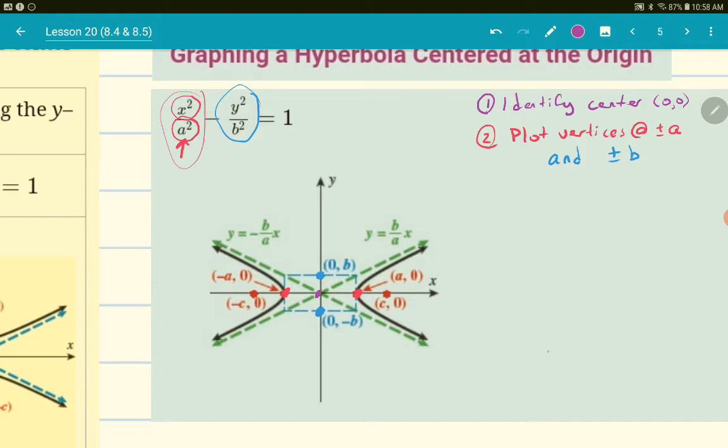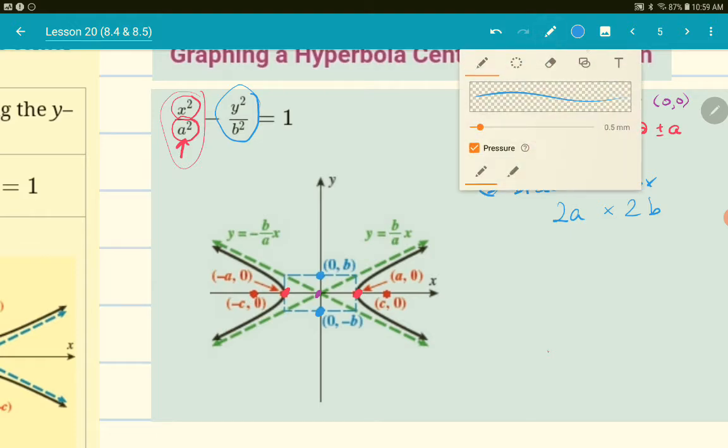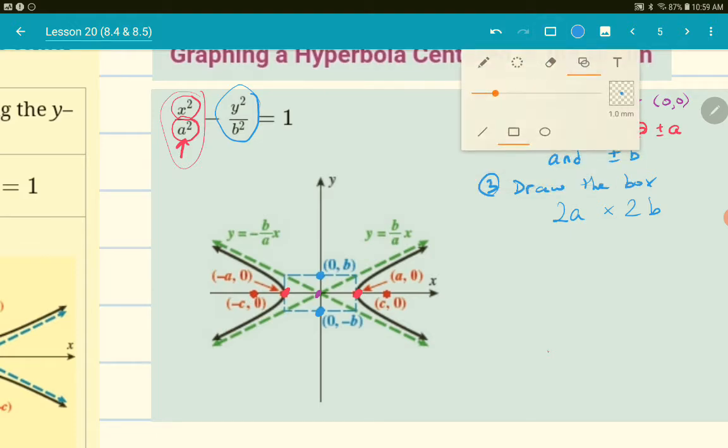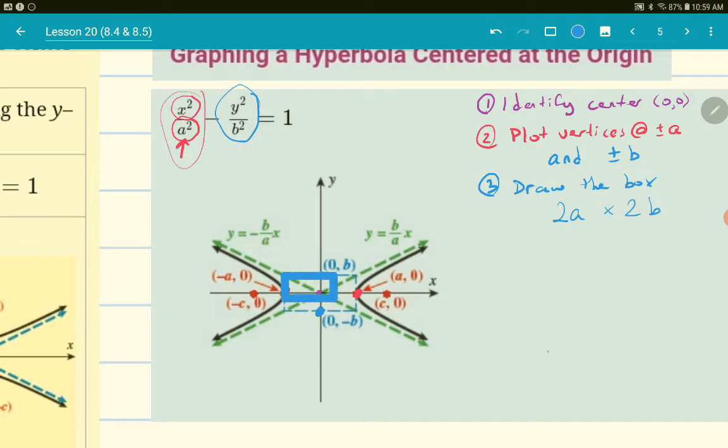So that's my next thing. My next thing is to draw the box. So it's 2 times a times 2 times b. I'm actually going to draw a perfect box with my technology. Oh, that's way too big, isn't it?